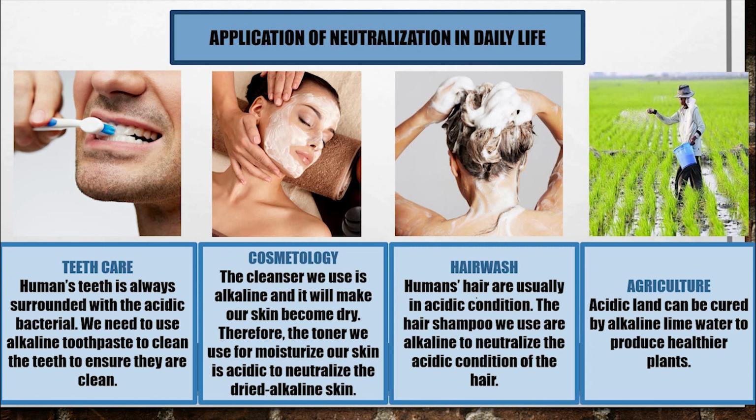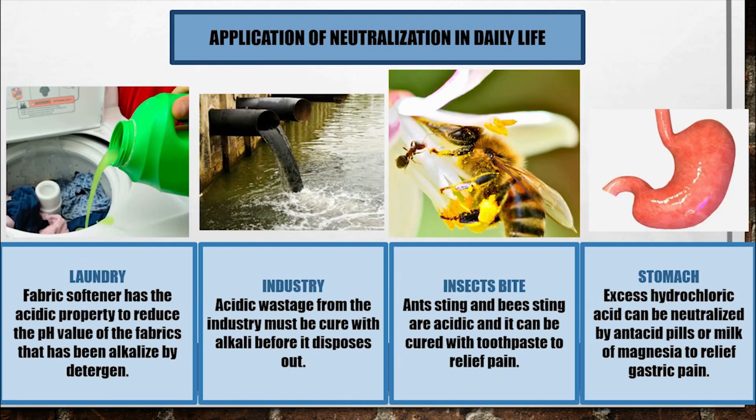Next, washing our hair is usually in alkaline condition, so the hair shampoo we use is alkaline. Okay, next, in agriculture, acidic land can be cured by alkaline lime water to produce healthier plants. Okay, next, when we are doing laundry, the fabric softener has acidic properties.